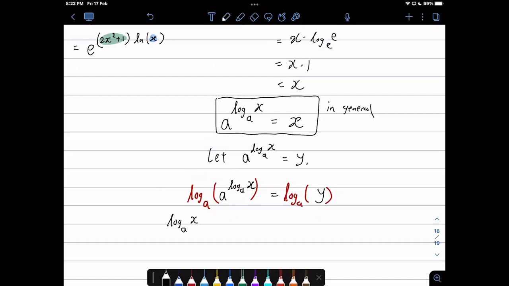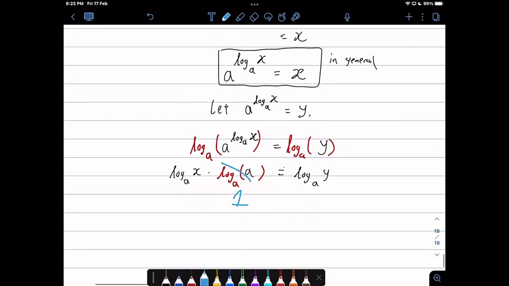You bring that down and multiply by log base a of a, which equals log y base a. But of course, this is just 1. So we are left with log x base a equals log y base a.